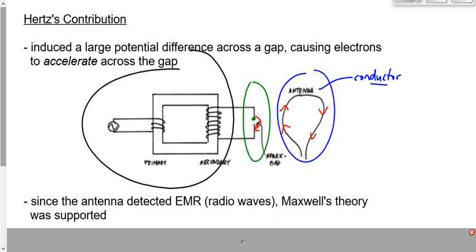In fact, it was him that called them radio waves. It wasn't like he chose to, I think I'm going to use radio waves instead of gamma rays. He did whatever he could to generate EMR, and it just happened to be low frequency, which he called radio waves.